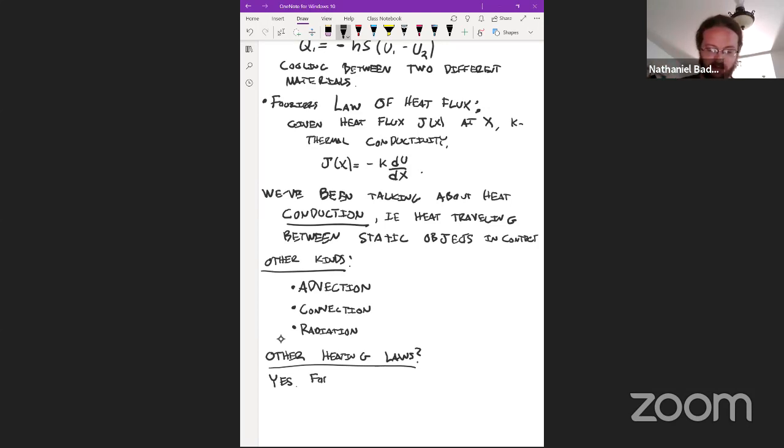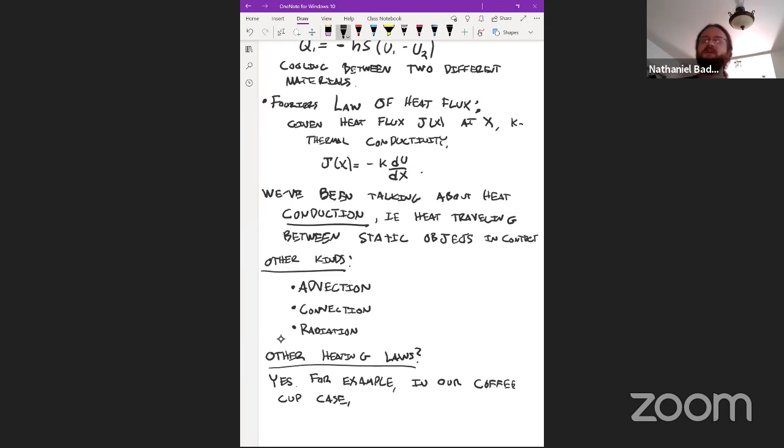For example, in our coffee cup case, we make the assumption that the temperature of the air is in fact constant.